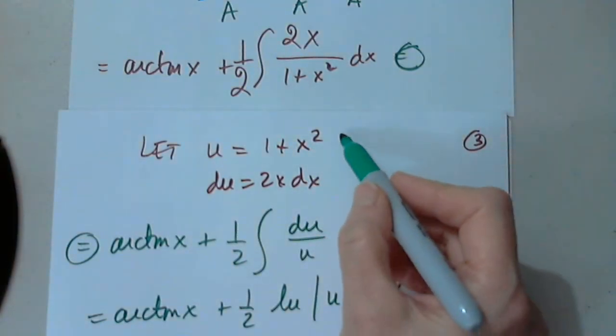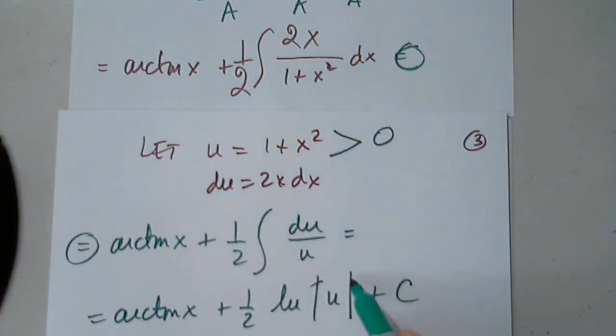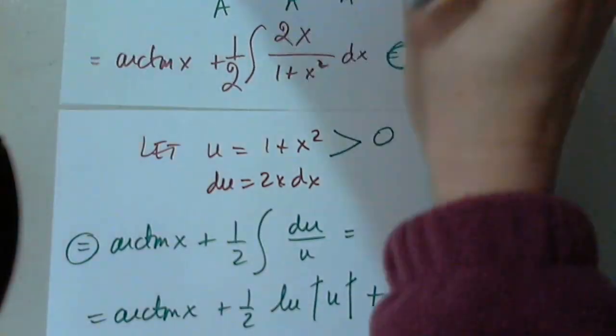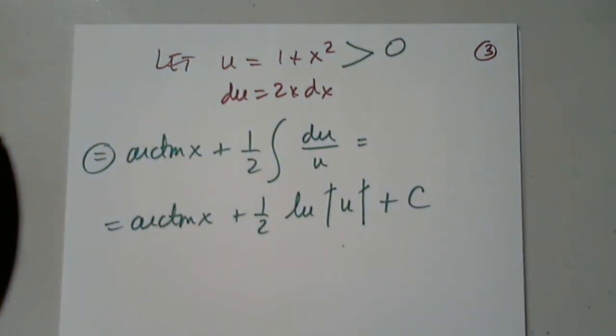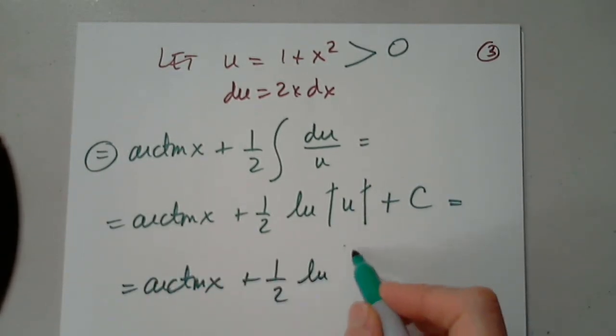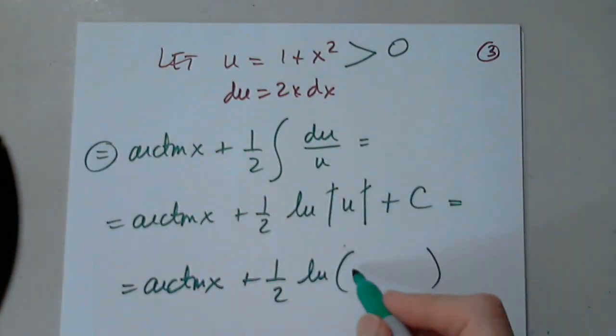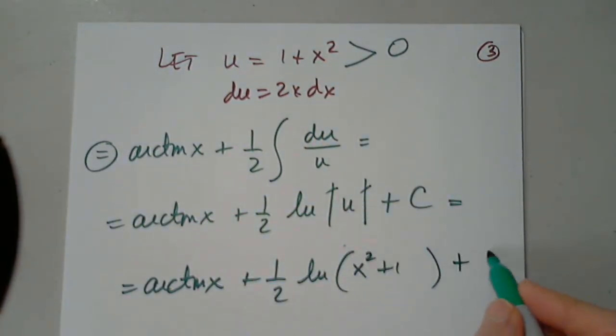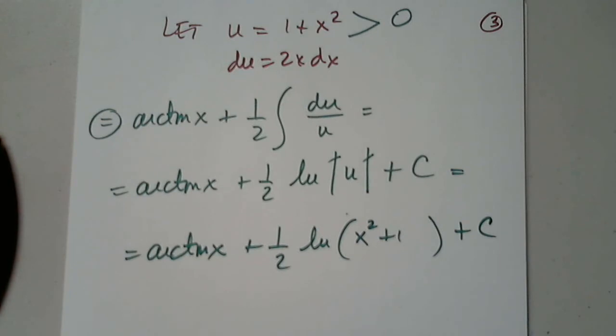Since 1 plus x squared is always positive, I will omit the absolute value. So then the final answer is arctangent x plus 1/2 natural log of (1 plus x squared), or x squared plus 1, plus a constant c.